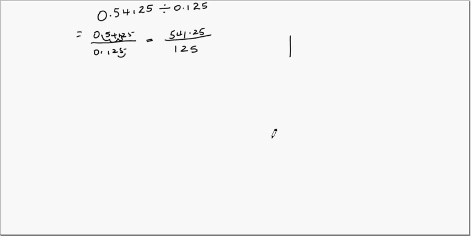We construct a division sign like this, and the number on the top goes inside. So the 541.25 goes on the inside, and the number below goes on the outside, which is the 125. Okay? That's what we have to work out.